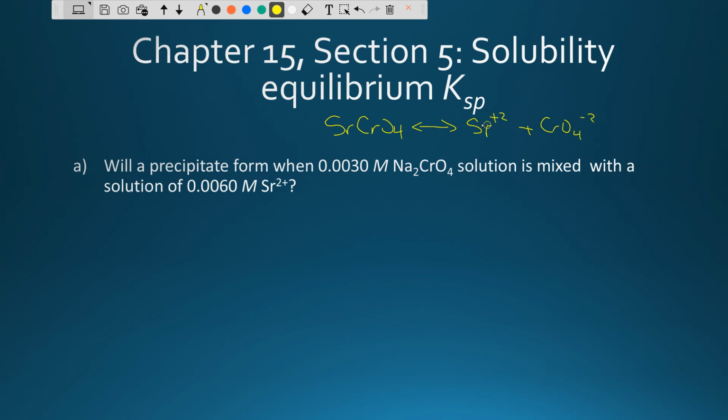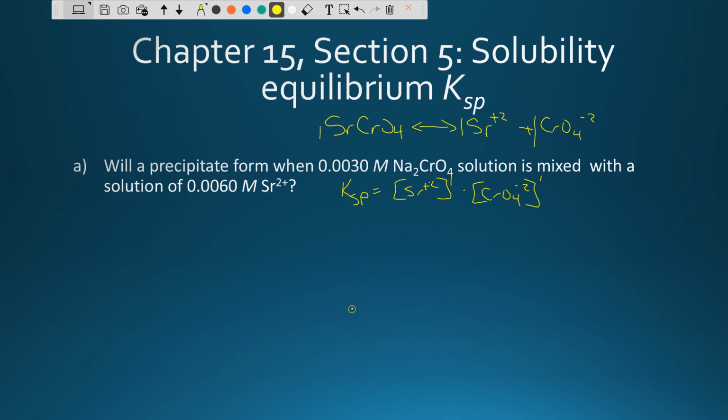Now notice it's a 1 to 1 to 1 ratio. And so if I take a look at that, my KSP is going to equal my strontium ion to the first power times my chromate ion to the first power. I don't have a multiplier in here because it's a 1 to 1 to 1 ratio.